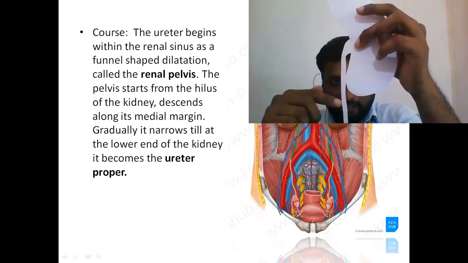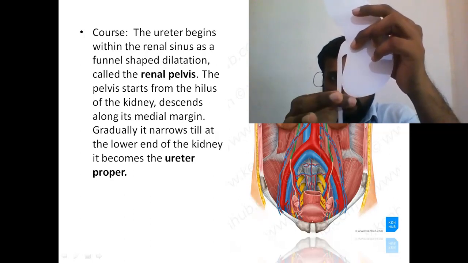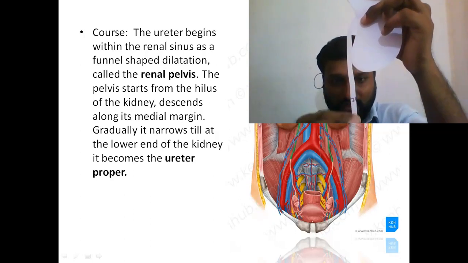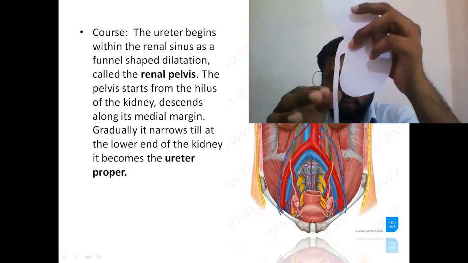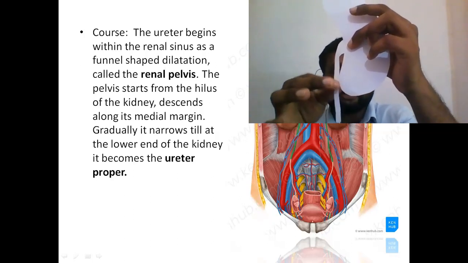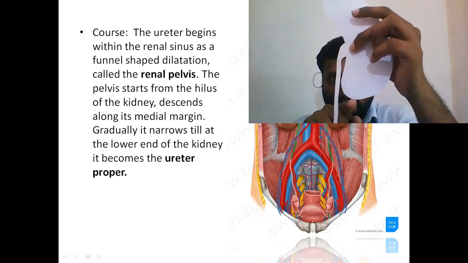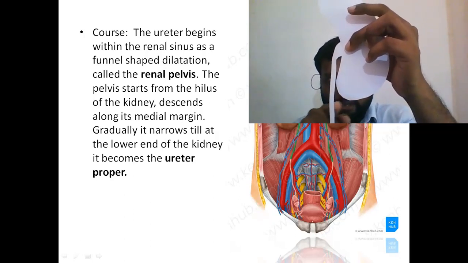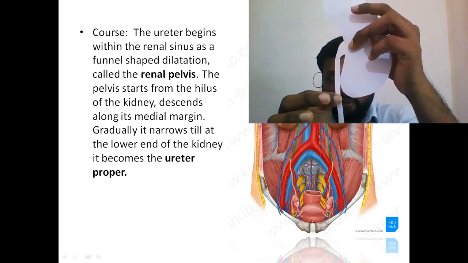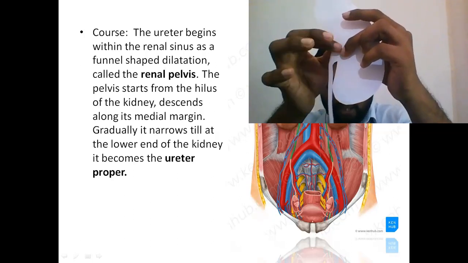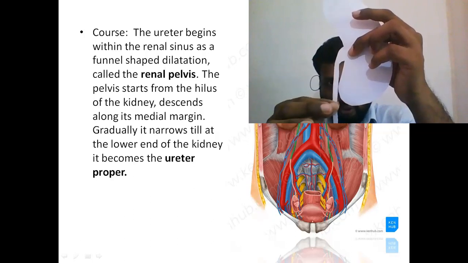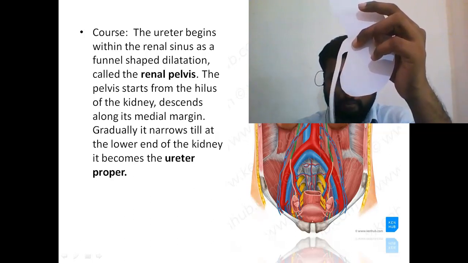Below the level of the lower pole of the kidney, this ureter is known as ureter proper. Above that level, it is known as renal pelvis. So take it as a landmark.